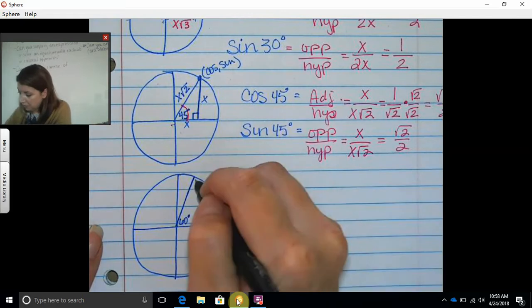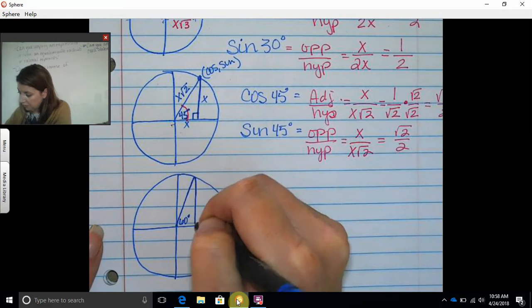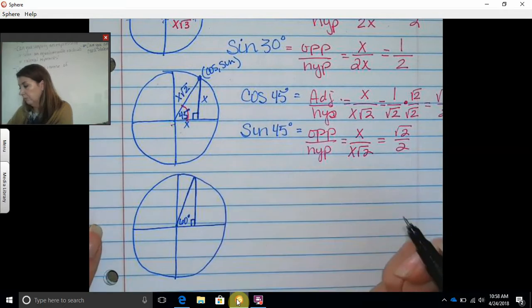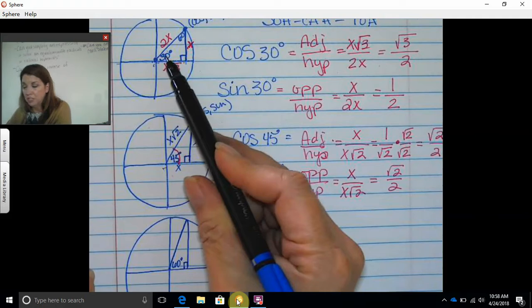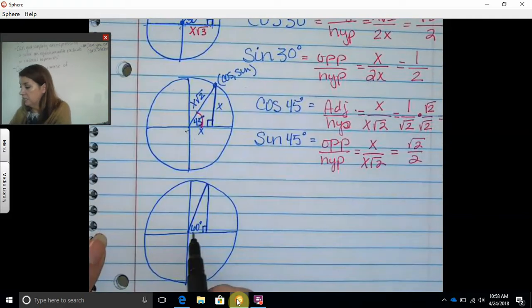And I'm going to drop that line down to form that 90-degree angle. So we still have a 30, 60, 90 like we did in that first example, but in the first one our theta was 30 degrees. This time our theta is going to be 60 degrees.